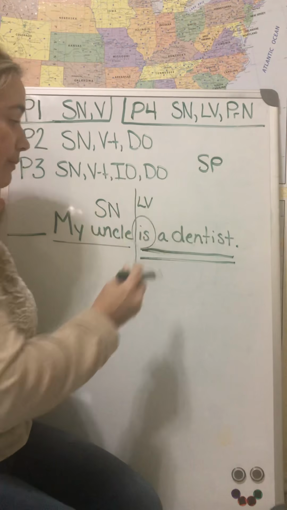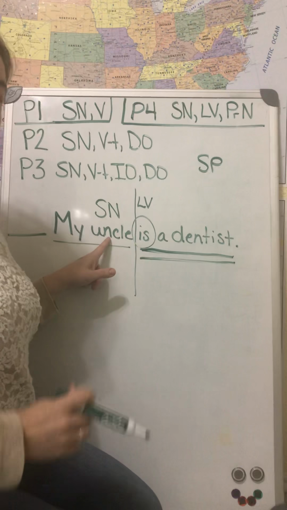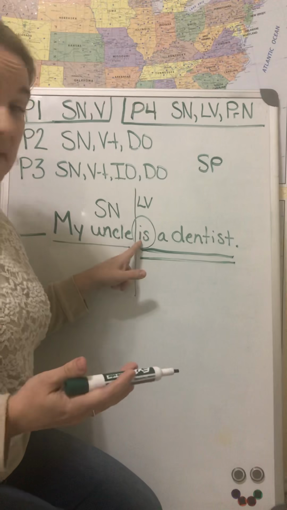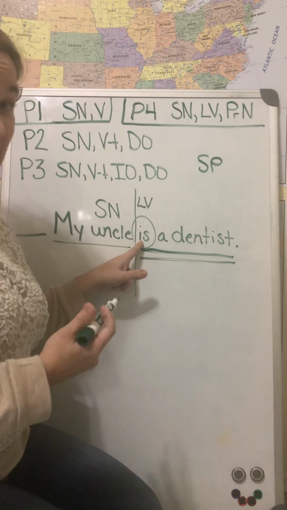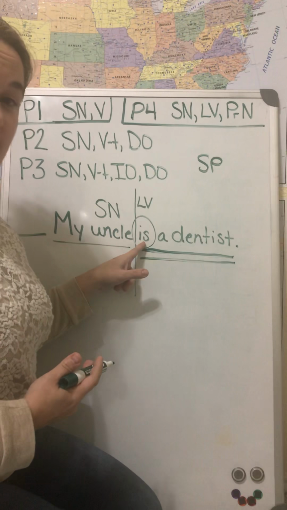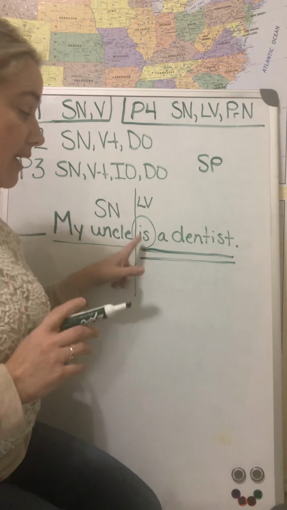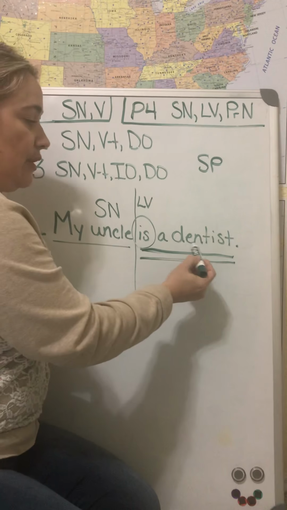It's a helping verb, so in this case we're calling it a linking verb because uncle is what? Well, uncle is. He's not doing anything, but this is his state of being right now. He just is. Uncle is what? I use that little what question again. Uncle is what? Dentist.